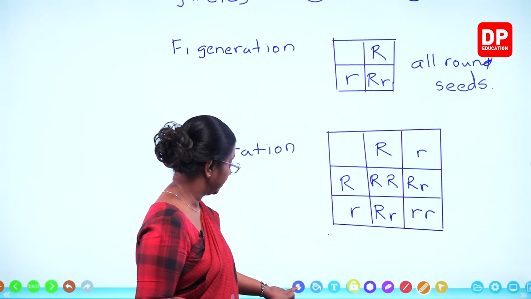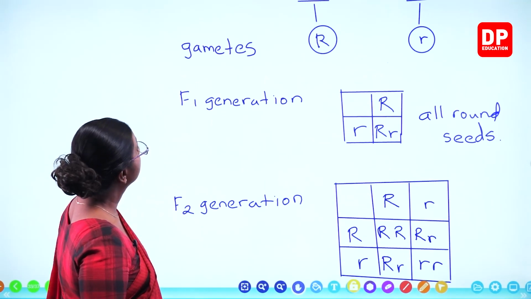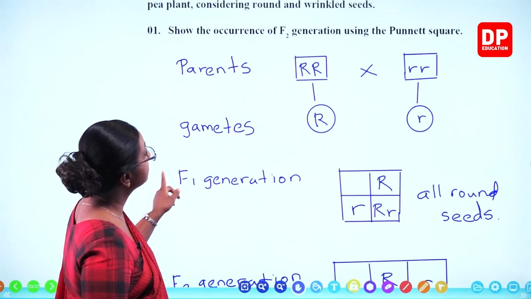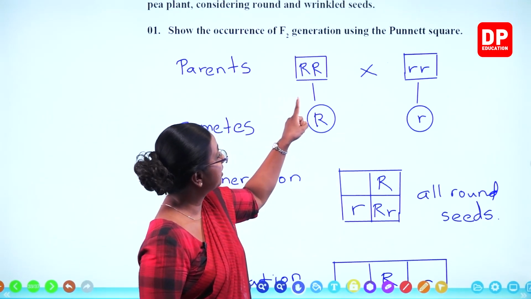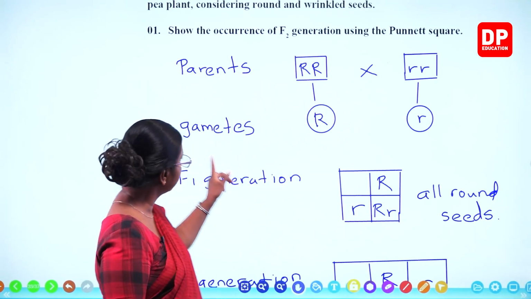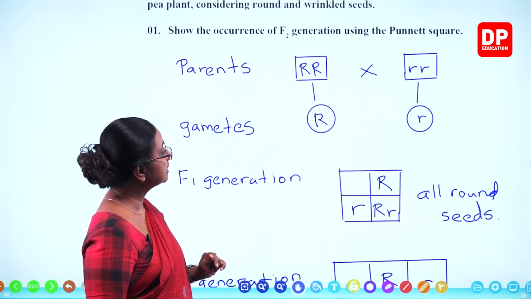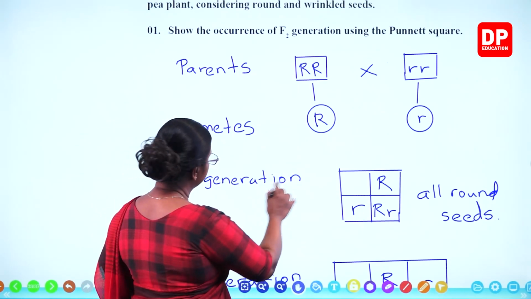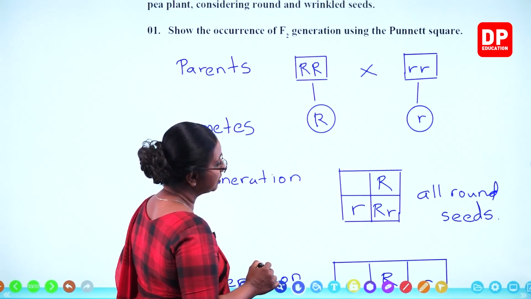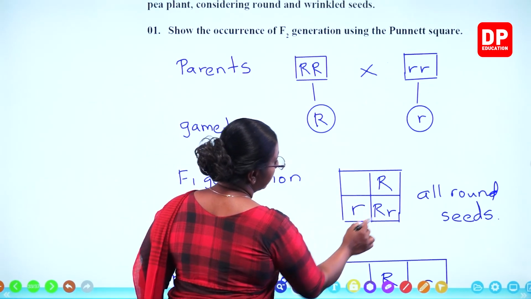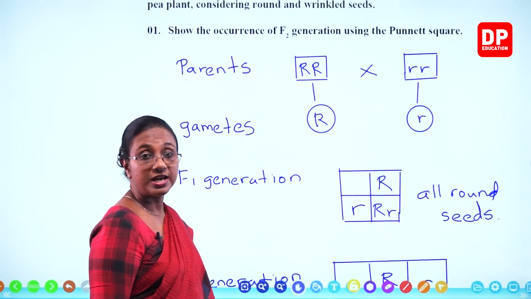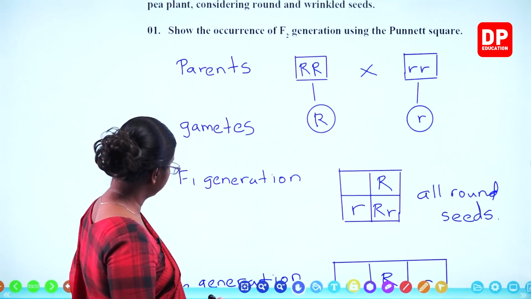Is that okay, students? So we have the parents, squares, capital R, simple R, simple R. Gametes usually in circles. So then when they combine, you get the F1 generation. R and R combine to give heterozygous dominant character round seeds.